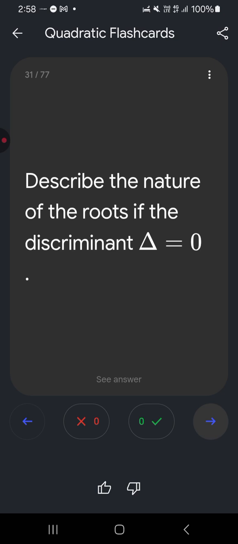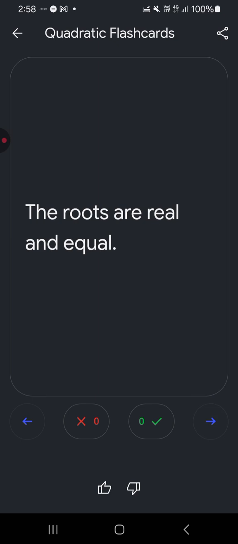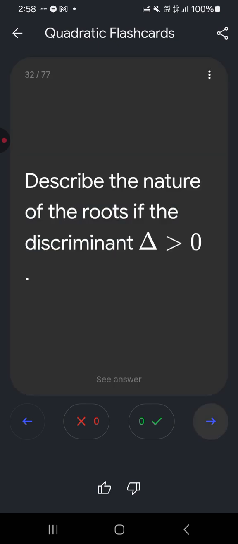Describe the nature of the roots if the discriminant is equal to 0. The roots are real and equal. Describe the nature of the roots if the discriminant is greater than 0.